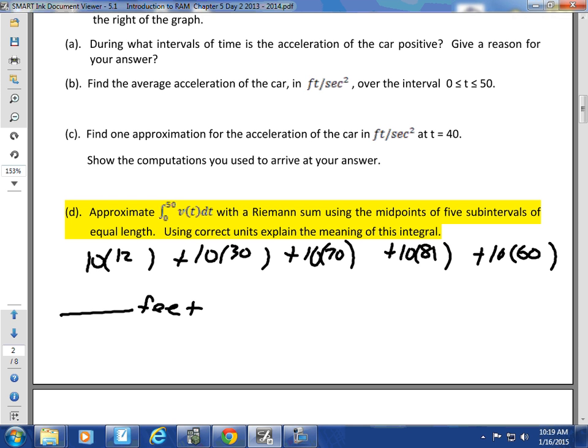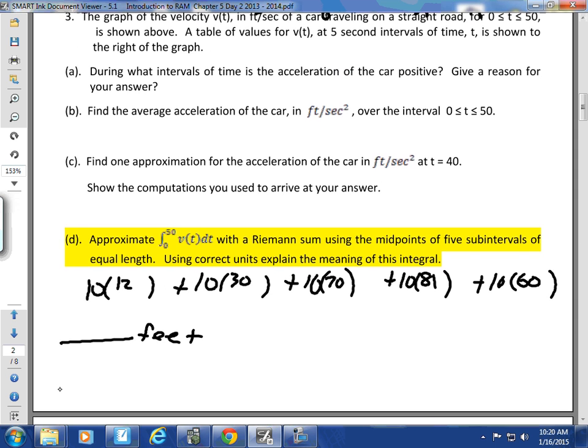Those of you that are in physics should be familiar with that, right? Area under velocity curve is displacement. Area under a speed curve would give you total distance traveled. If the velocity is always positive or always negative, those two quantities will be the same thing.